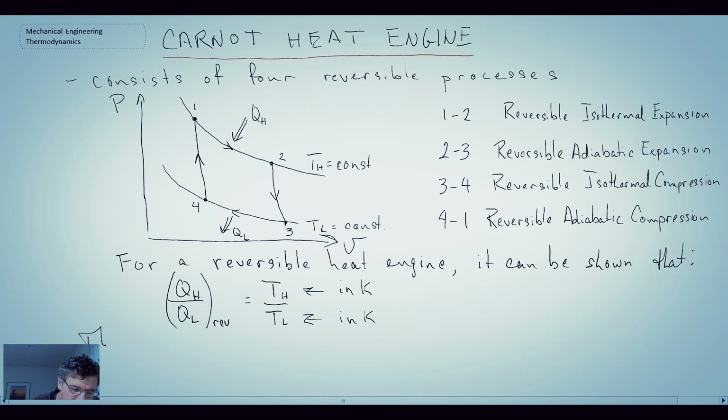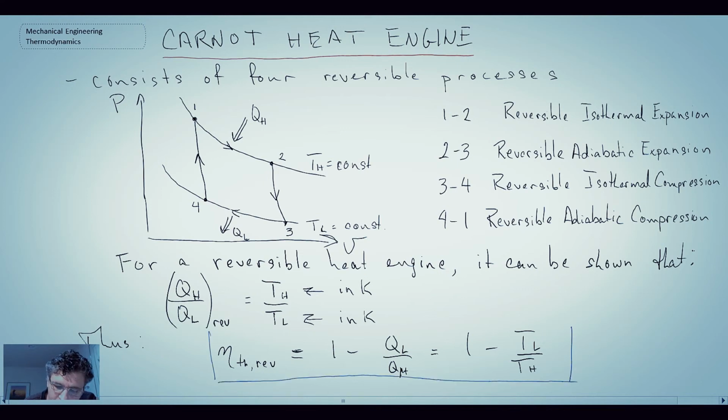And from that, what we can do, we can write out that the thermal efficiency for a reversible process, a reversible heat engine, that is the Carnot engine, so that becomes an expression for the thermal efficiency of the Carnot heat engine.